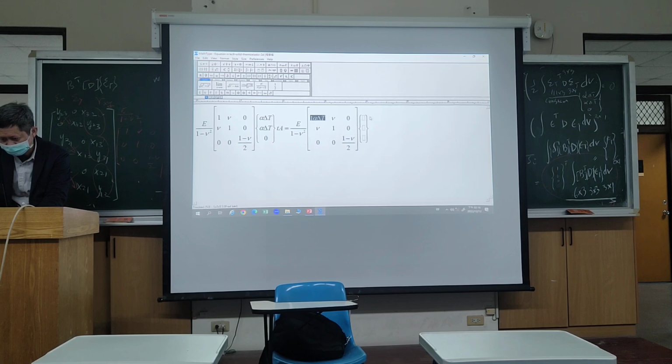This is, okay, first row, and then first column, then you have alpha delta t, then plus b, and then times alpha delta t plus 0. This first row, first column.